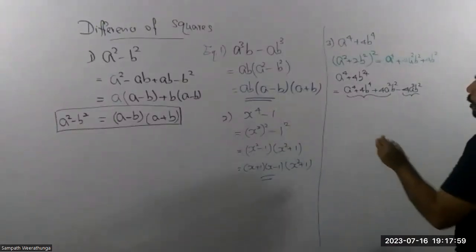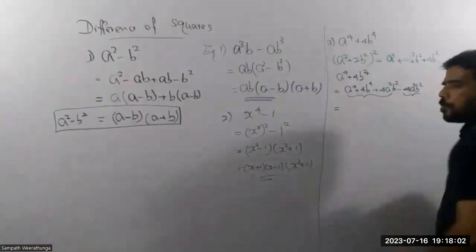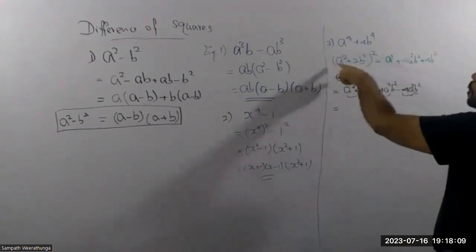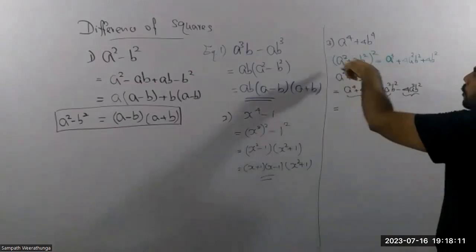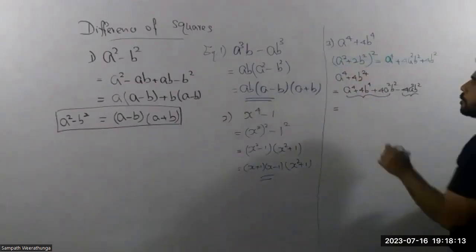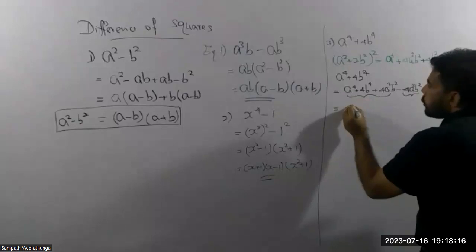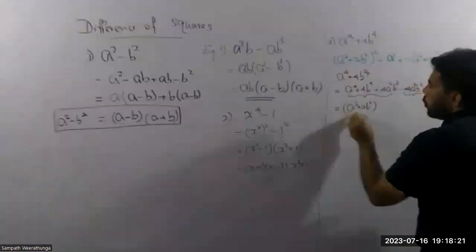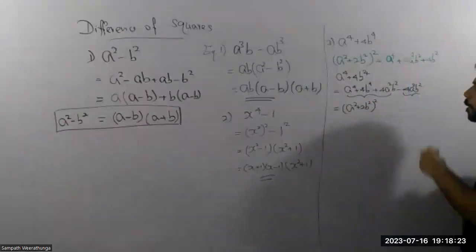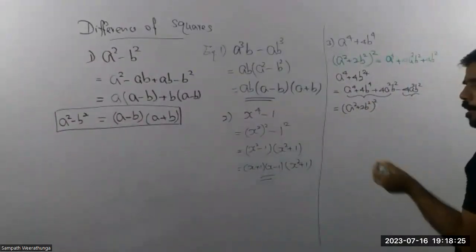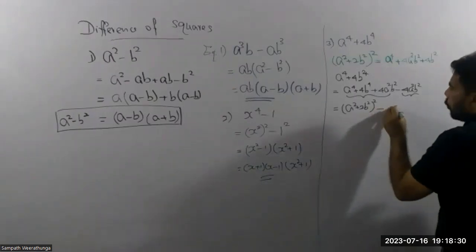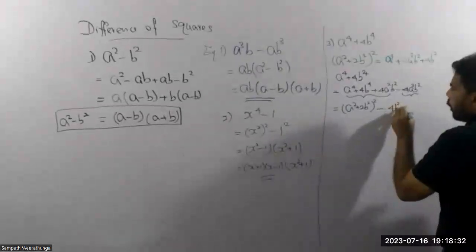Right. I can immediately write this as a total square, or whole square, of this term. This can be written as a square plus 2b square, multiplied with its own value, and 4b square a square.